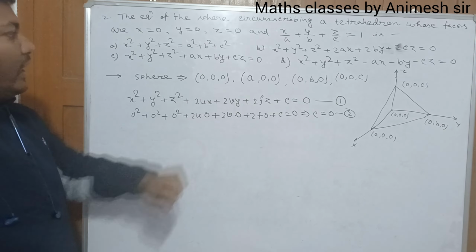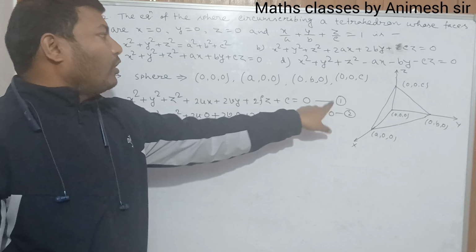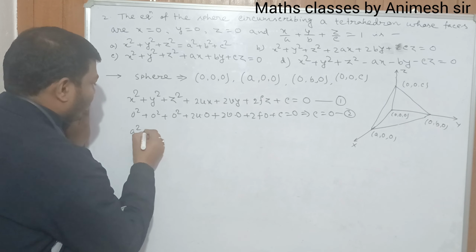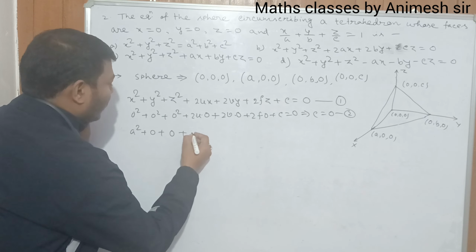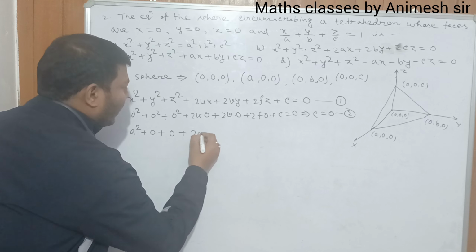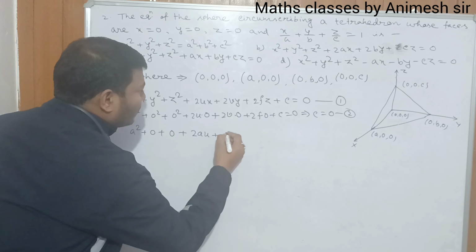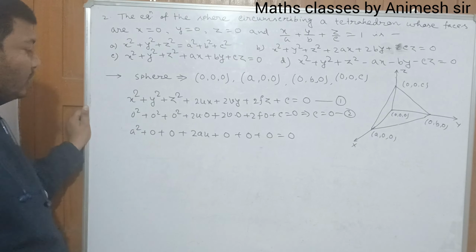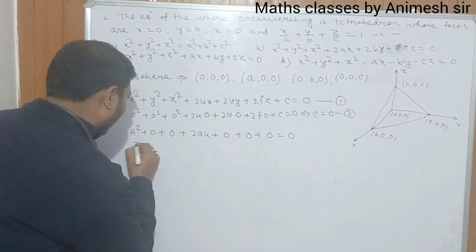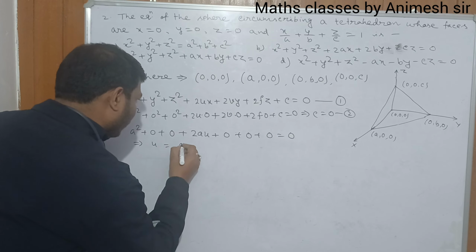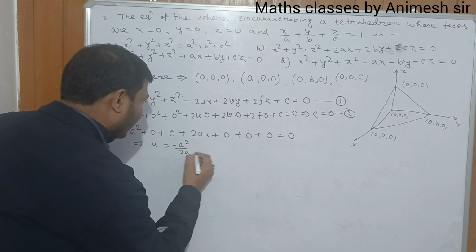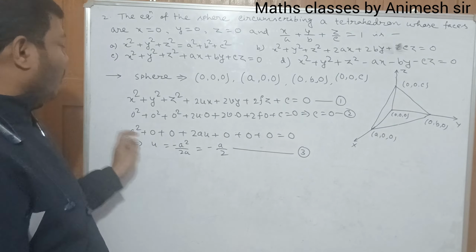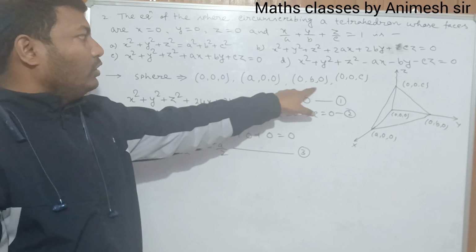And the sphere also passes through a, 0, 0, so this will be a square plus 0 plus 0 plus 2au plus 0 plus 0 plus d equals 0. Already we have got d. So from here we are getting u equals minus a square by 2a, that is minus a by 2, and also the sphere passes through 0, b, 0.